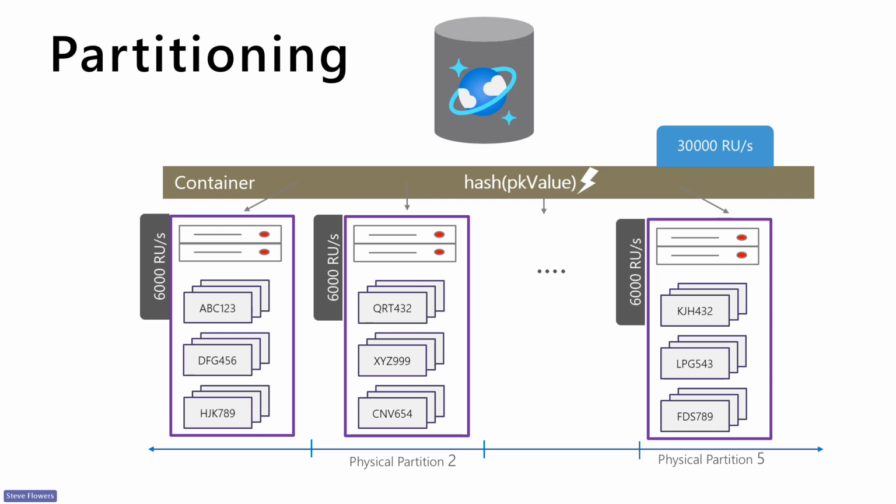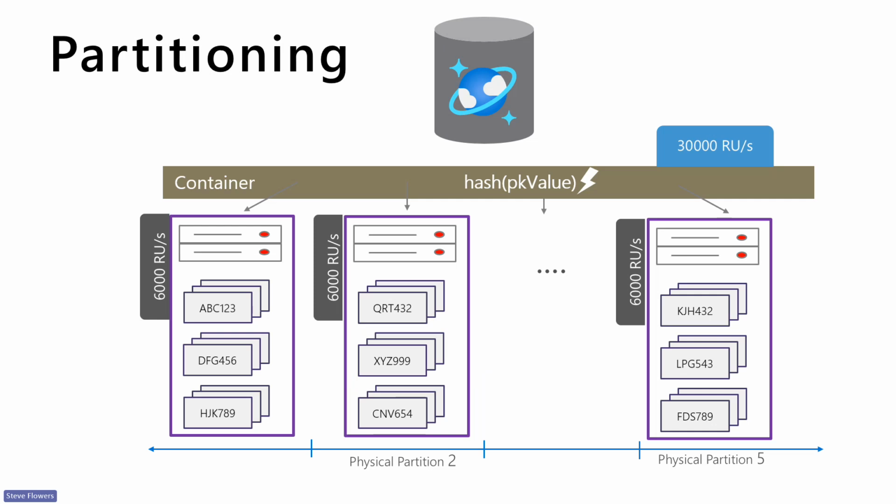And underneath these instances of our database, we have physical partitions. Kind of looks like a server here because it is the closest thing we can think of to a physical node. And within those physical partitions, we have logical partitions. And those logical partitions are the way that we are sharding our data within those physical partitions.